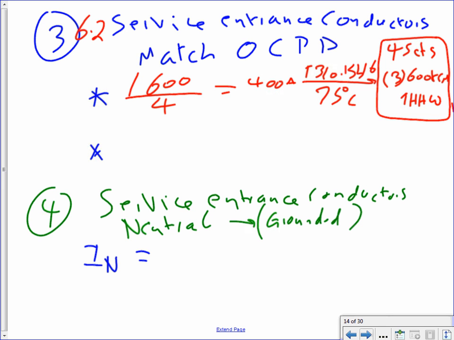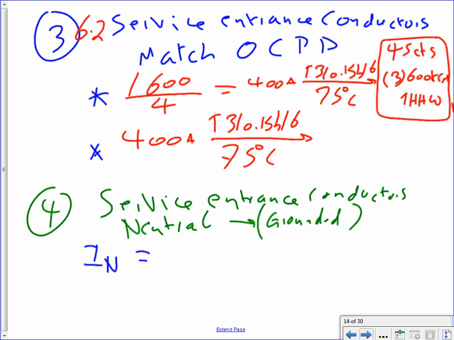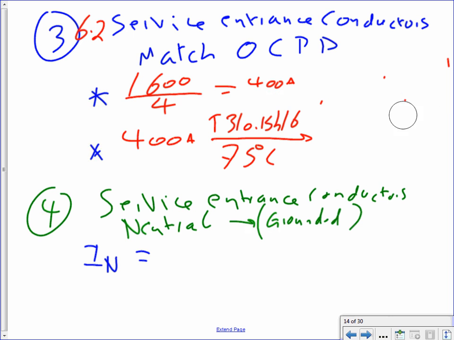Actually, I probably should have done it here, 400 amp. Take this one to table 310.15(B)(16), I have more room. At the 75-degree column, that's where you get it. I want to go here in parallel, just to make it organized a little bit. So we're paralleling.